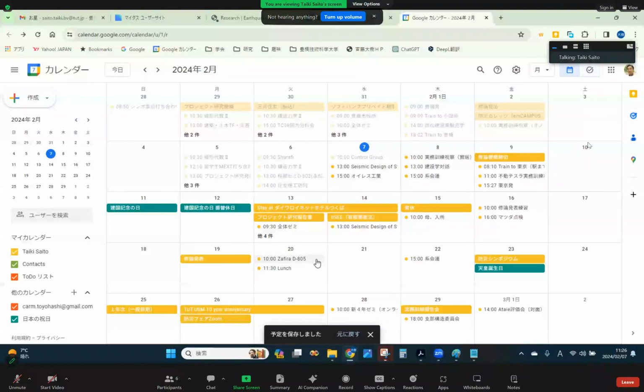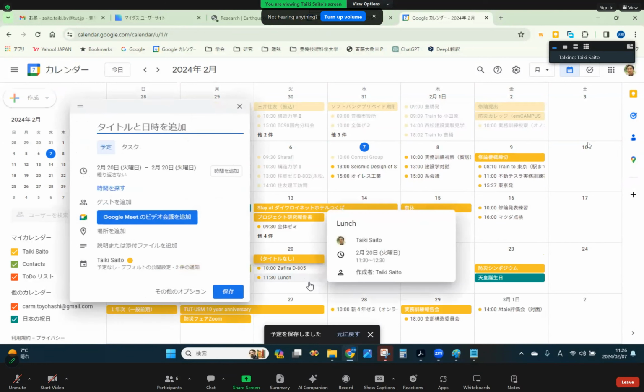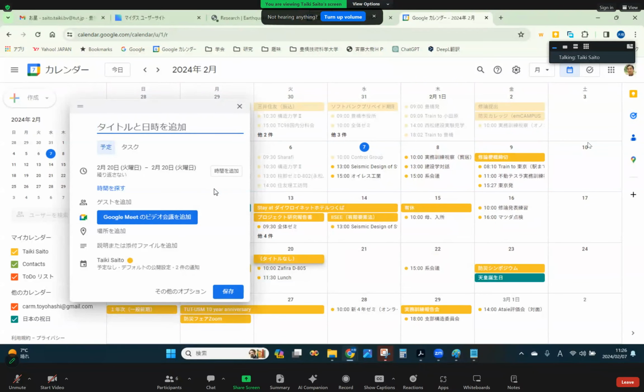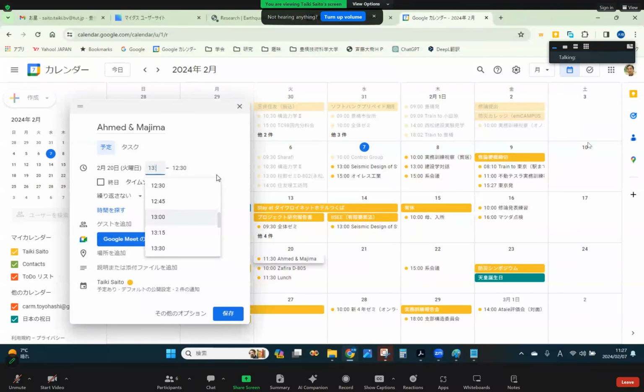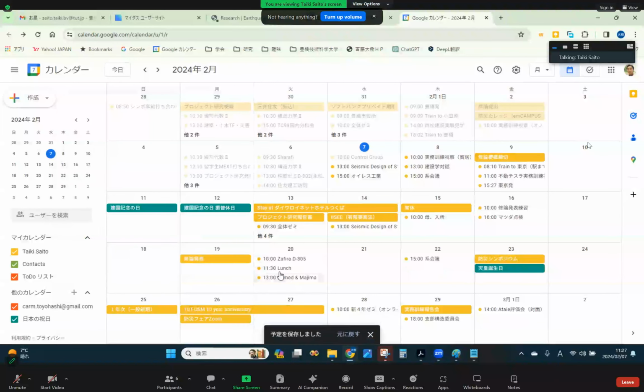So Zafira-san and I will finish our meeting at 11:30, and we will go for lunch together. Coming back, we continue the meeting with Ahmed-san and Majima from 1 o'clock in the afternoon, or maybe 1:30, depending on when I come back from lunch. Zafira-san, are you okay with this schedule?